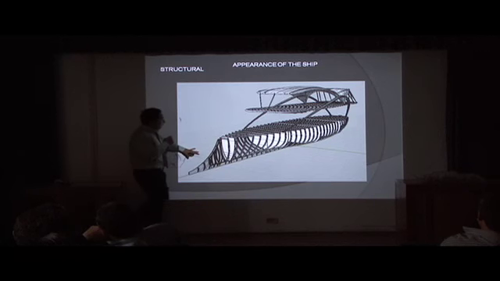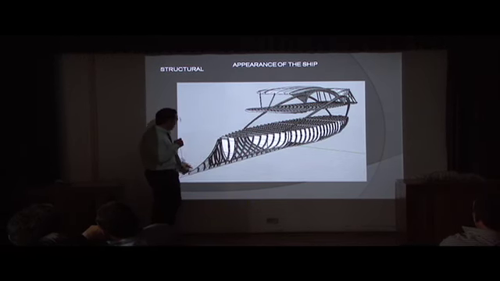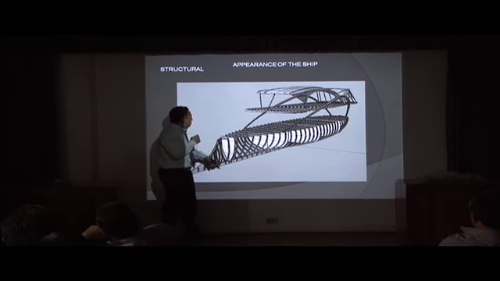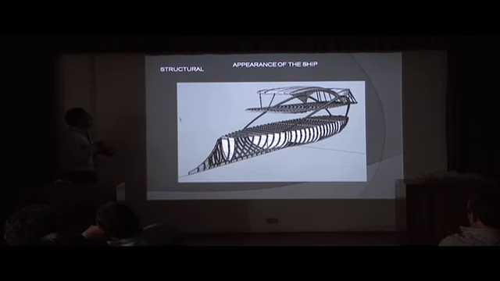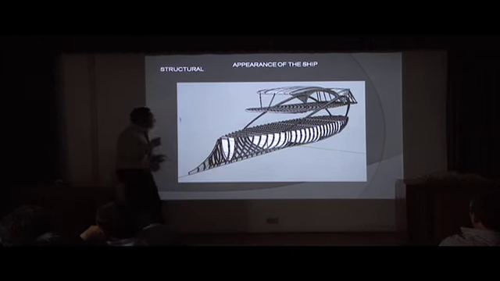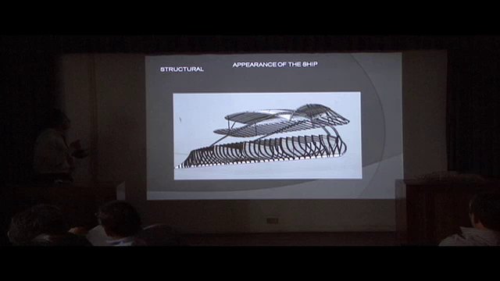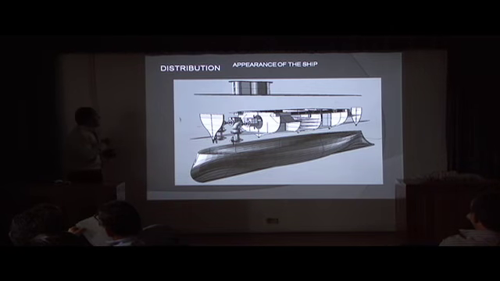Structural. We have the structures: keel, bulkhead, transversal in the principal deck, and secondary deck in the bottom, transversal and distribution.